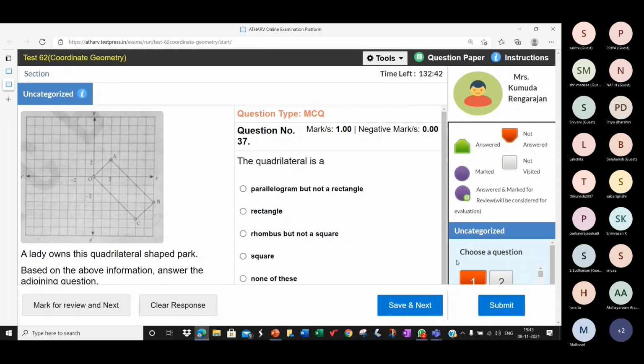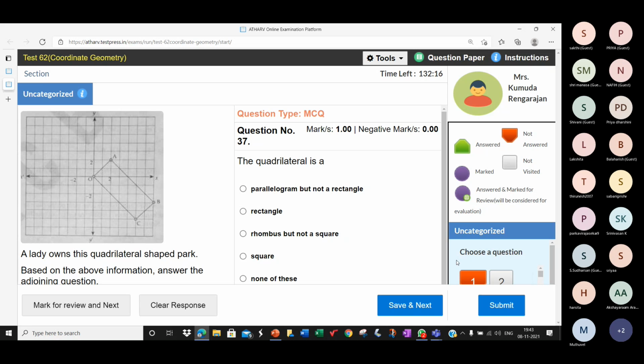And the same are the coordinates of the midpoint of the other diagonal BO. So the diagonals bisect each other because they have the same midpoint.